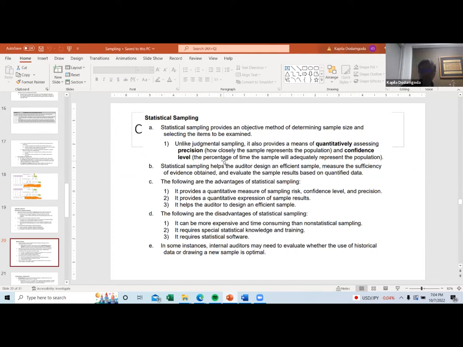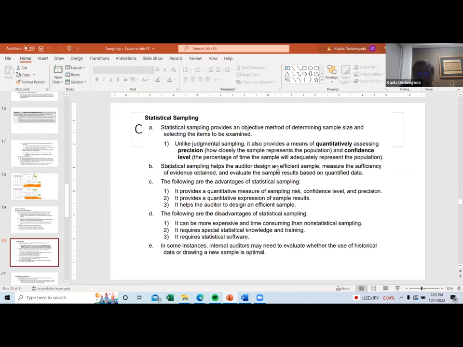Confidence levels or whatever, you can quantify and comment on when you use statistical sampling. That's the beauty, the positive side of statistical sampling. Statistical sampling helps the auditor to design an efficient sample, measure the sufficiency of the evidence obtained, and evaluate the sample results based on quantified data. So all these decisions are based on quantified data, not judgment.